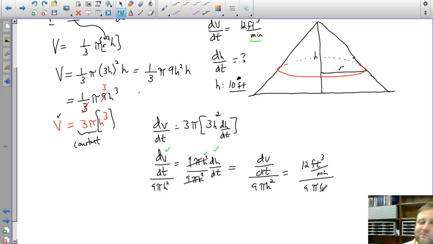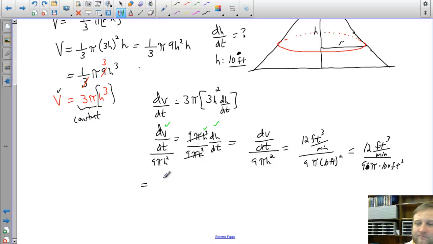Our h is going to be 10 feet, but we're squaring this value. Simplifying, I'm going to have 12 feet cubed per minute all over, oops, it would be 900, but it'll be 9π times 100 feet squared. These are all multiplied.